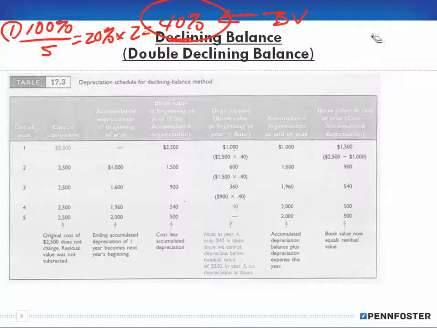The two things that are most important: one, you have to calculate your percentage, your rate.